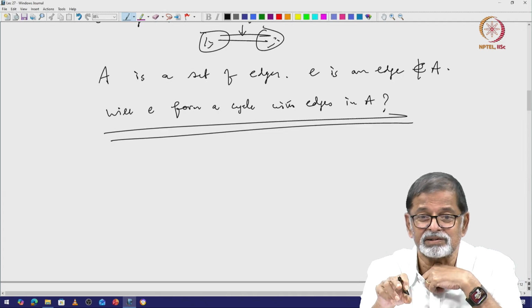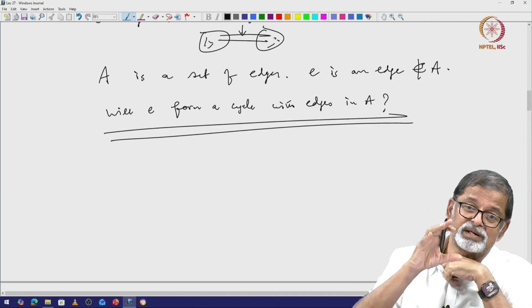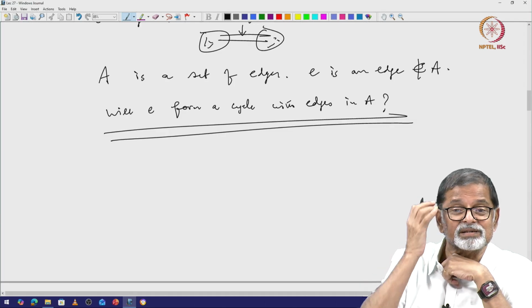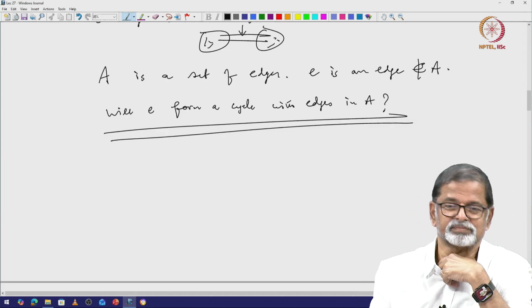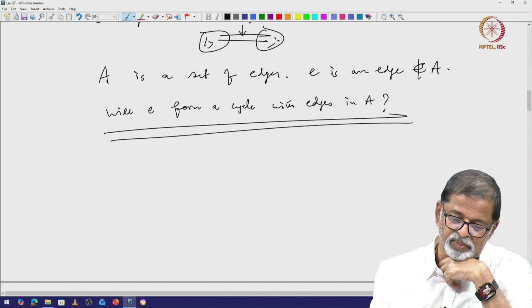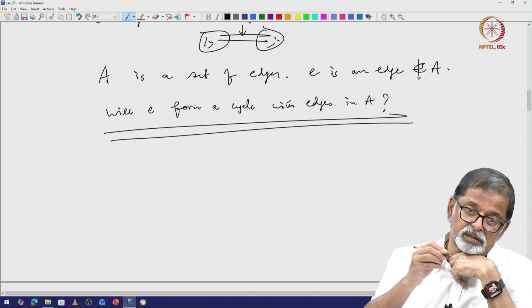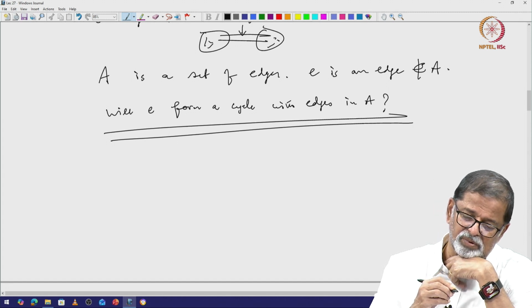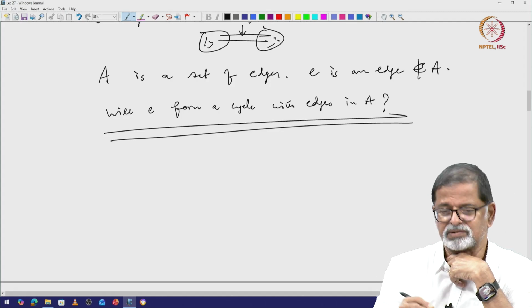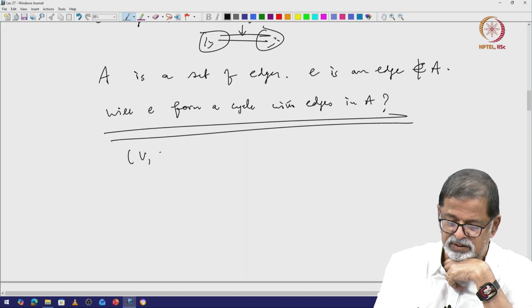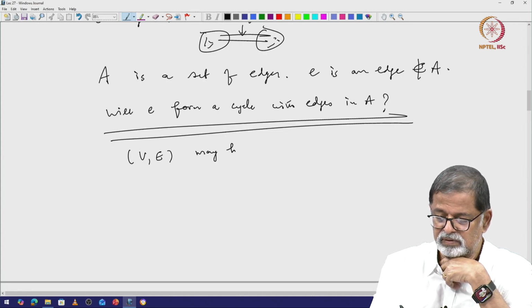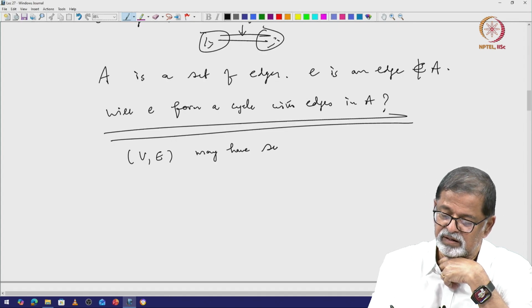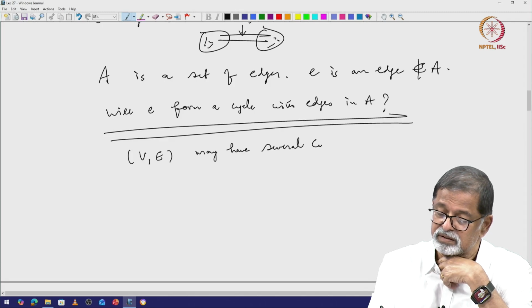Now, that Boolean answer is given by the following characterization and basic structural property of graph. A is a set of edges, so the graph (V, E) may have several connected components.